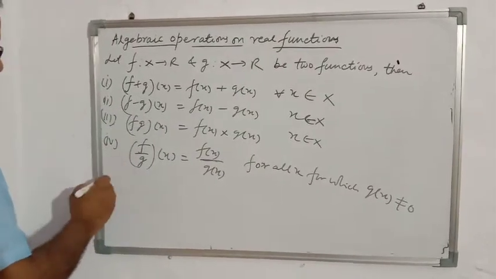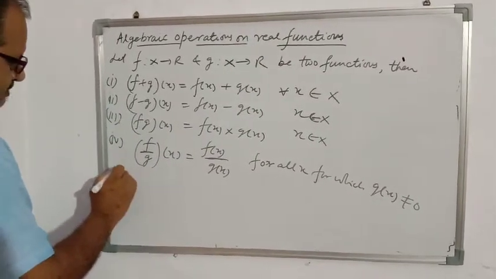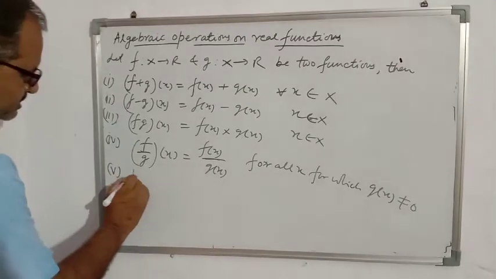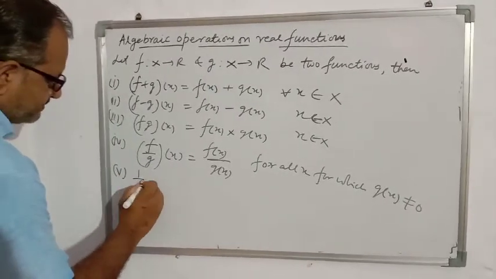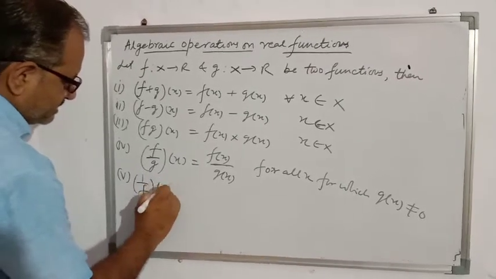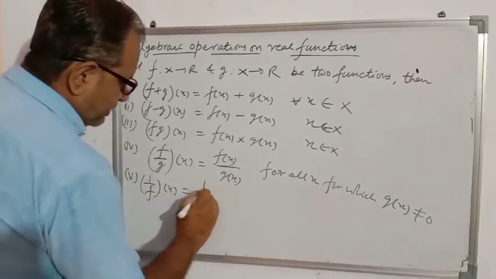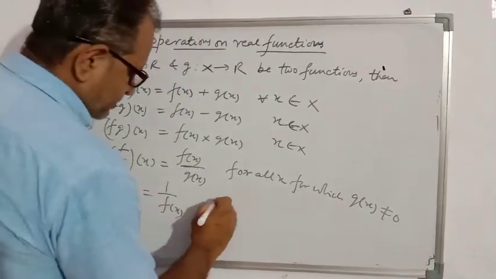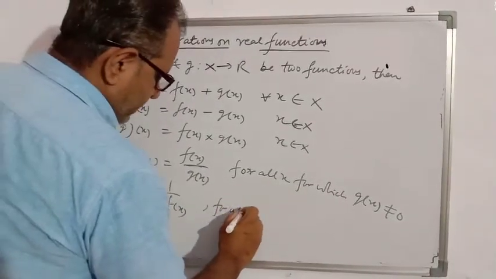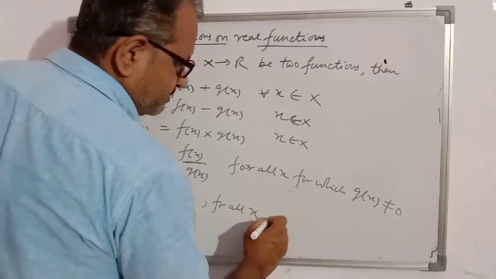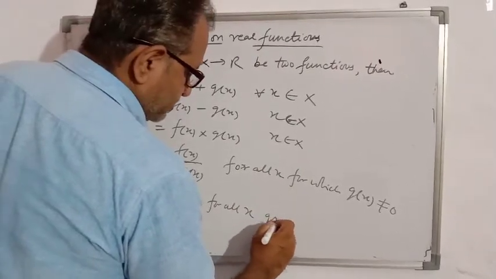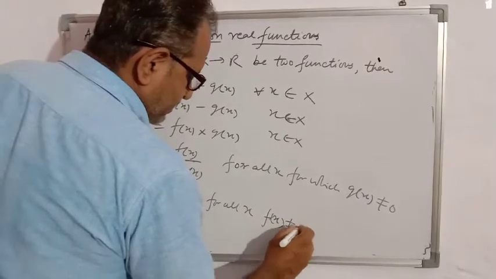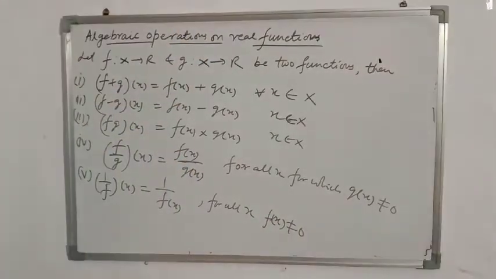This is the fourth one. Next, fifth one, a reciprocal function. Reciprocal function means 1 by f of x. So we will write it 1 by f(x) for all x but f(x) not equal to 0.